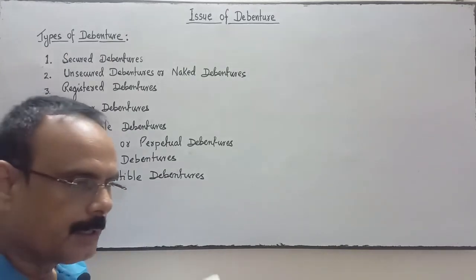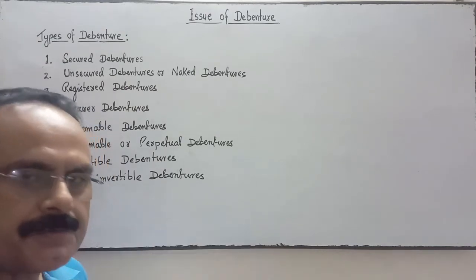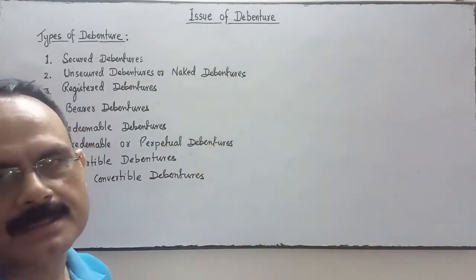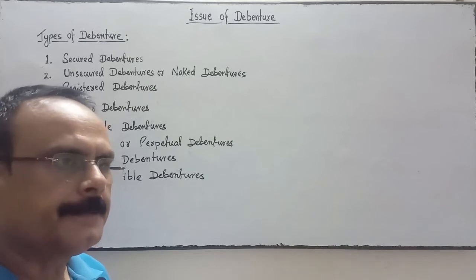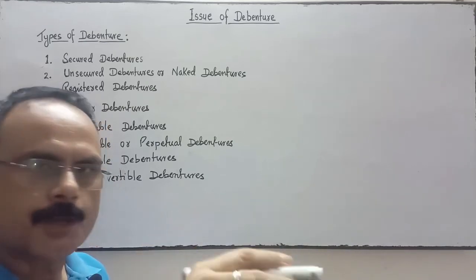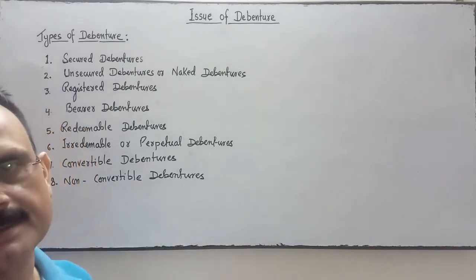So if the debenture holder wants to transfer it, they can easily transfer it to anyone else. It is not required to change the name and address in the register.